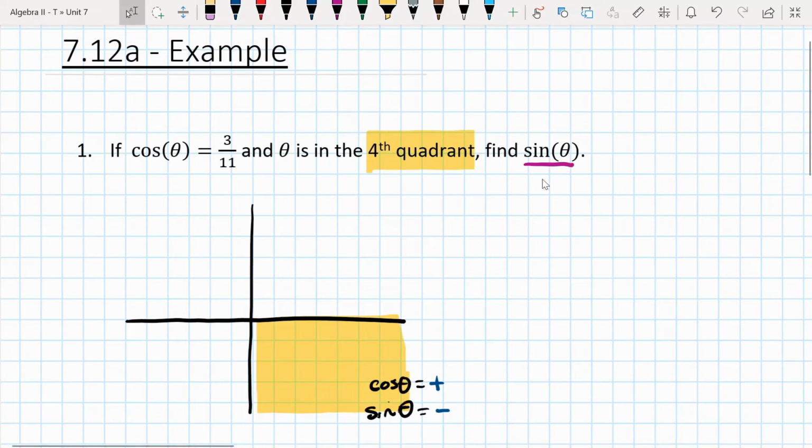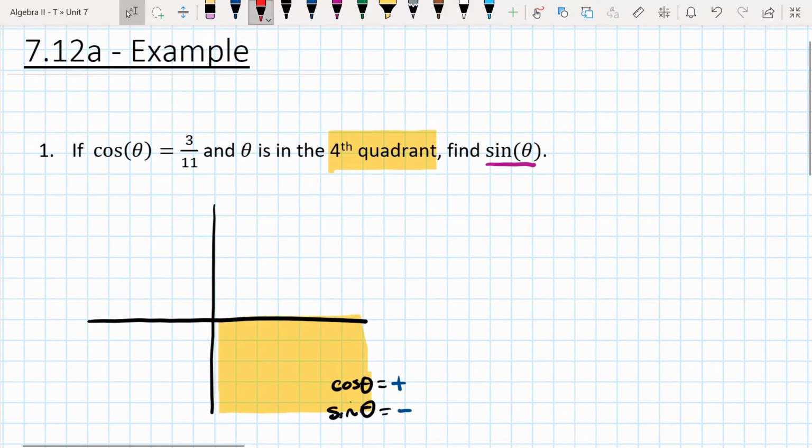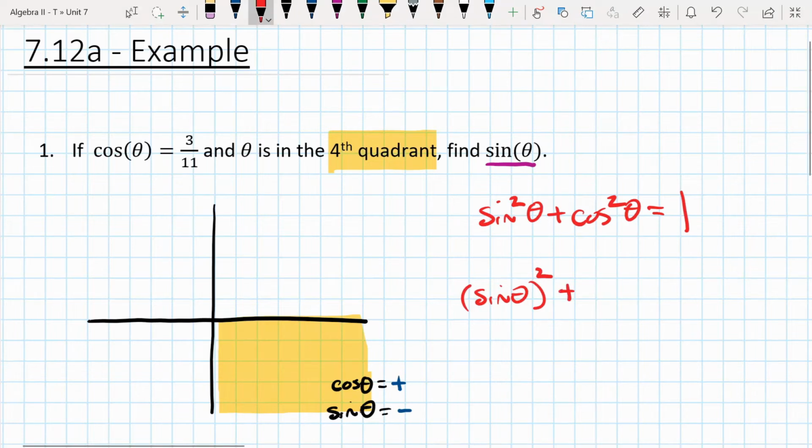All right, so to do this, now we're going to use the Pythagorean identity. This lesson is called Applying the Pythagorean Identity because we're going to be using it to solve pretty much all the questions we're going to see today. So we know that cosine is 3 over 11, so let's plug that into the Pythagorean identity. I'm just going to rewrite it a little bit.